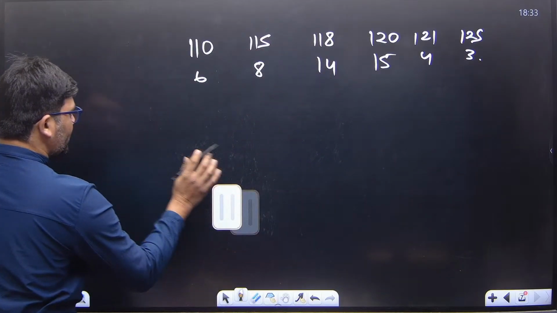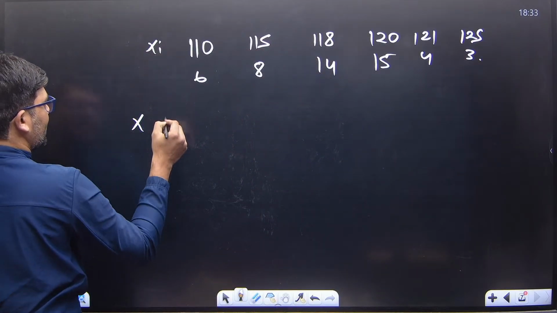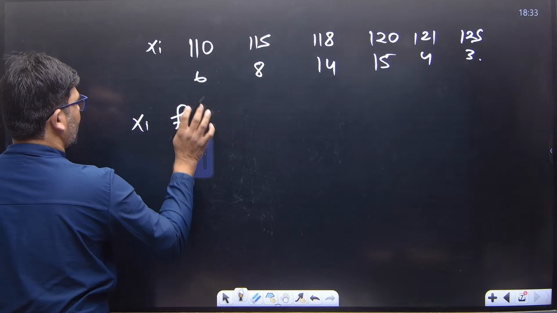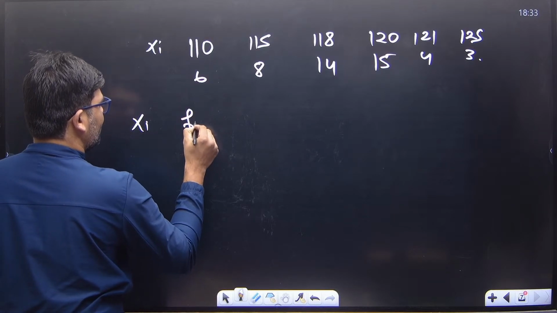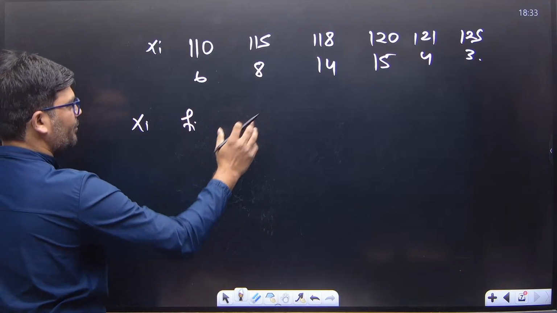Now I want you to make this table. Let this be xi and you will write fi as well. Write xi and fi, then I will teach you what to do next.